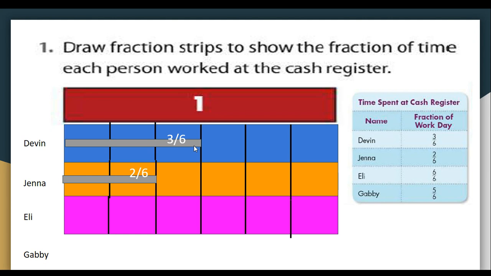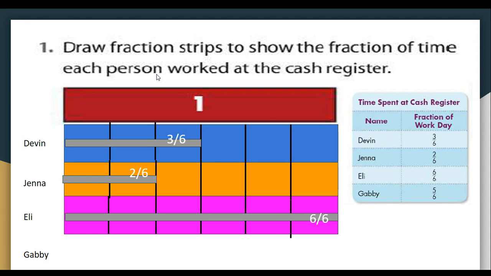But Eli spent 6/6 of his workday at the cash register. So what would that look like? How many pieces would we shade in for 6/6? Go ahead and shade those pieces in. If you shaded in all of the pieces, you are absolutely correct, and that would represent 6/6.